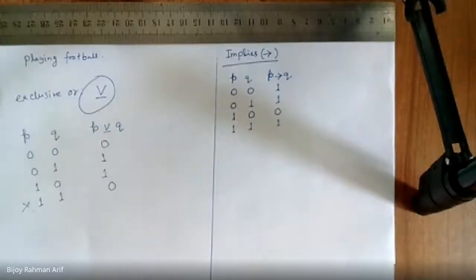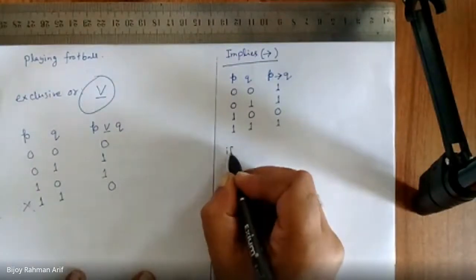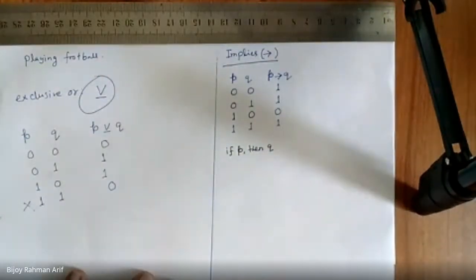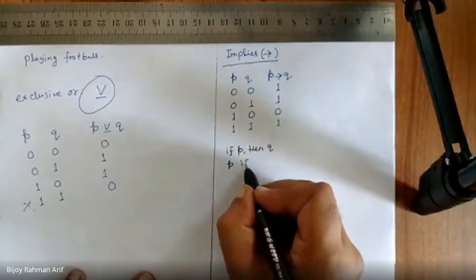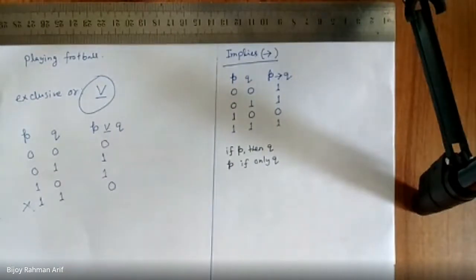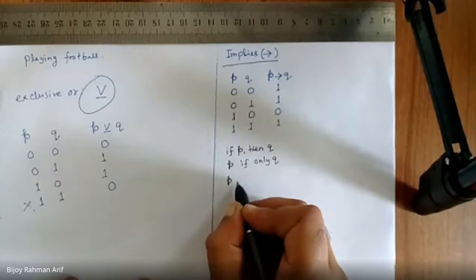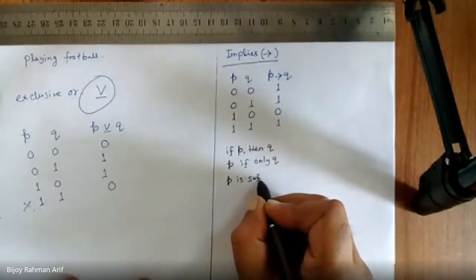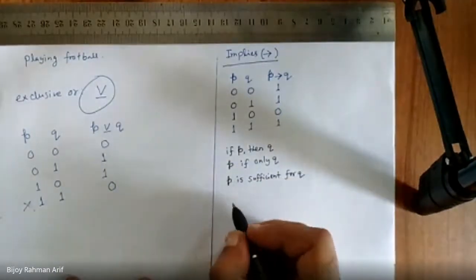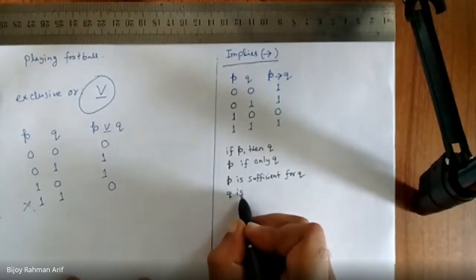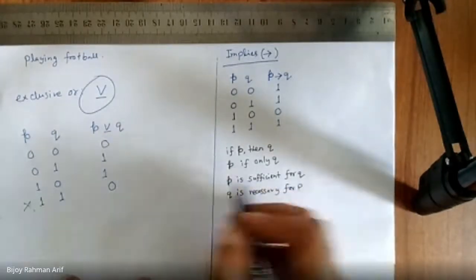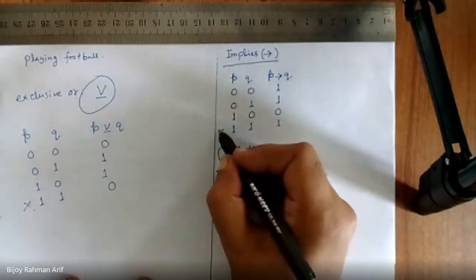It means: if P then Q, or P only if Q, or P is sufficient for Q, or Q is necessary for P. So these are all the same representation in plain English.